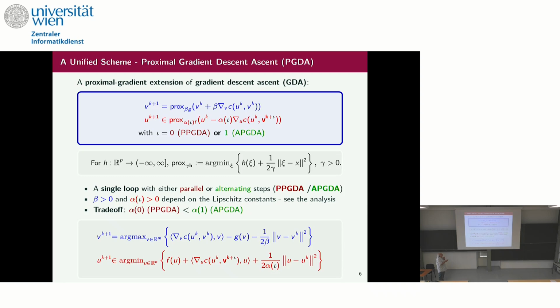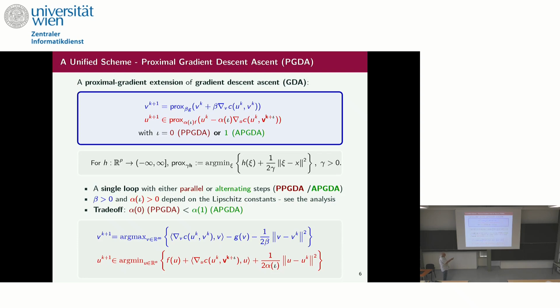So we have here a single loop. That's why we do this approximation. This is either parallel or alternating. This constant, we'll see from the analysis, will depend on the Lipschitz constant, and we'll see how. And as you can see, of course, we will be able to handle both cases at once, either the parallel or the alternating.